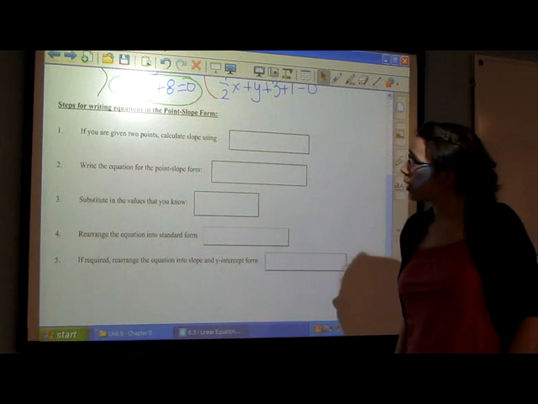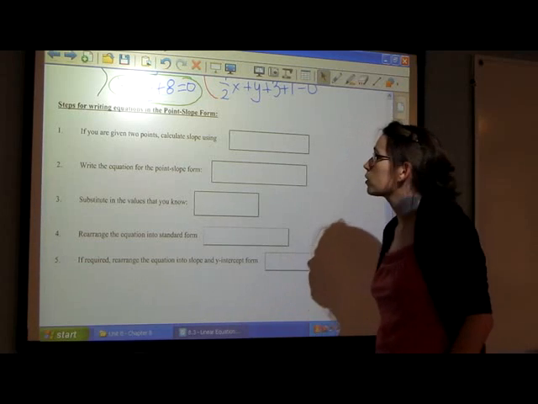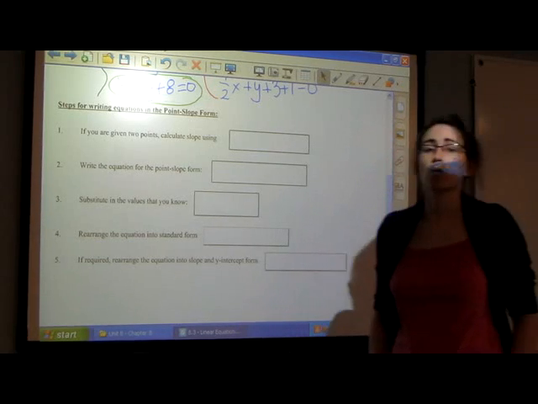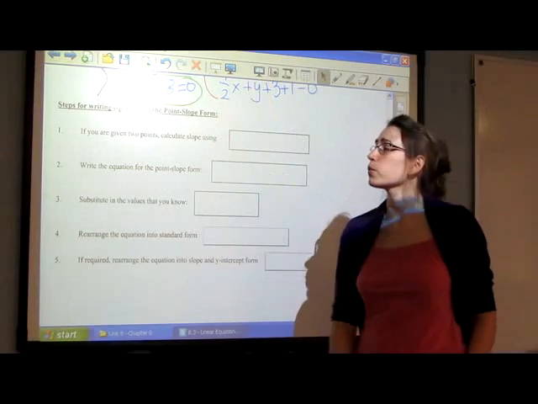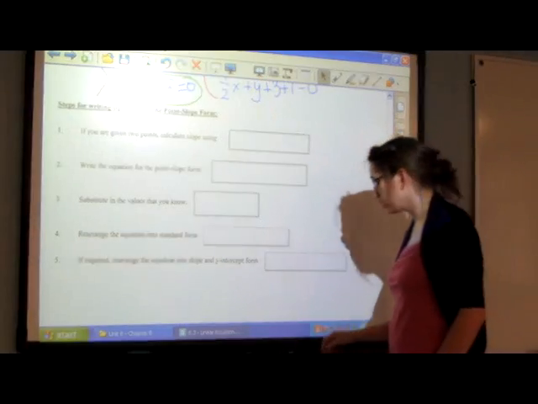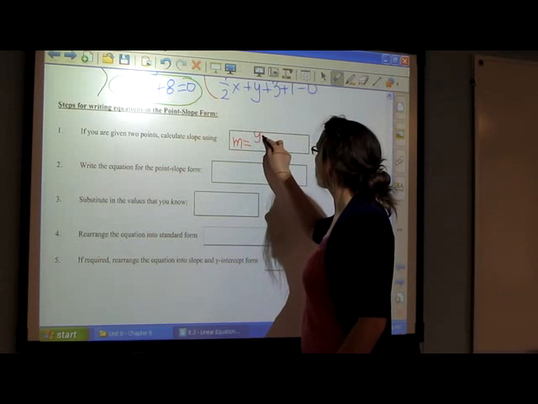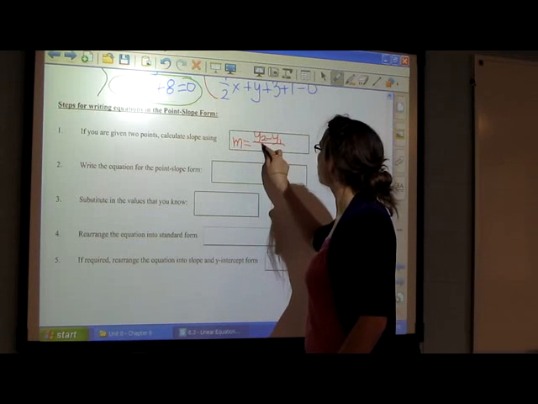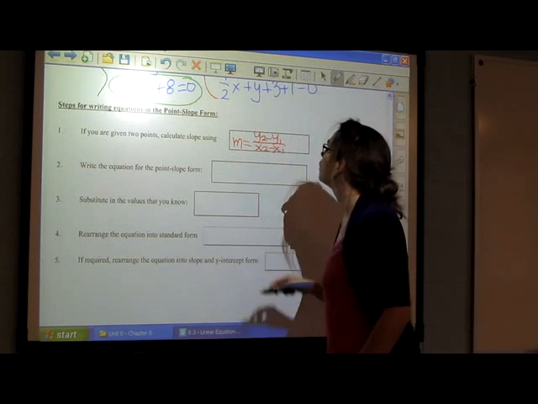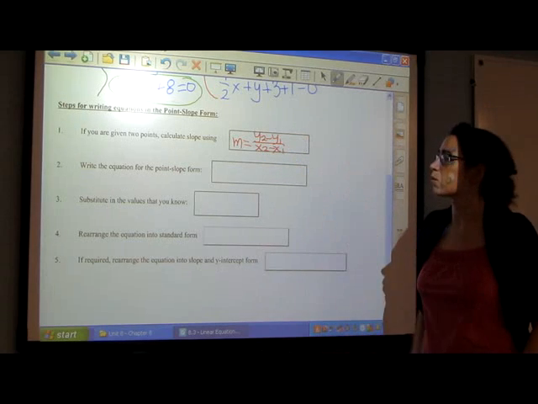Let's write down a few steps for writing equations in point-slope form. If we're given 2 points but we don't have a slope, just like in example 3, what we need to do is first calculate our slope using the equation m is equal to y2 minus y1 over x2 minus x1. Remember, you're just using this if you don't already have your slope.